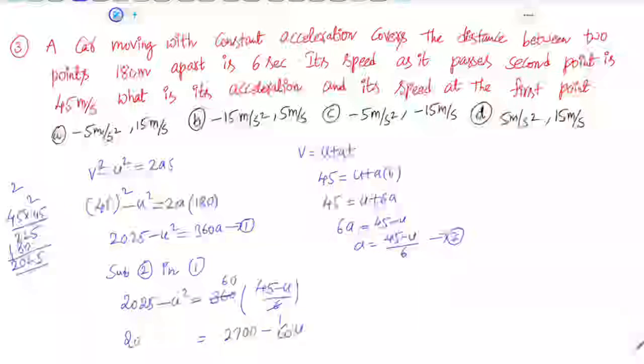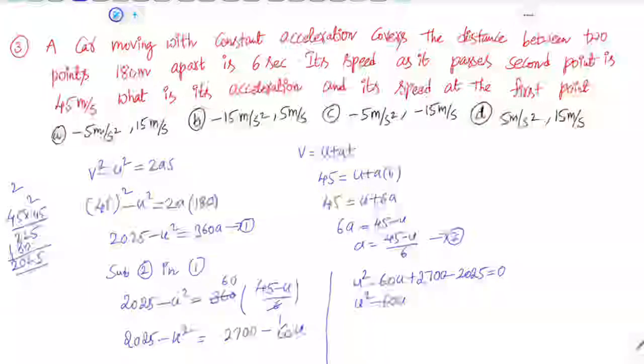It is 2025 minus u square. Converting this into a quadratic equation, you will have u square minus 60u plus 2700 minus 2025 equal to 0. Therefore, u square minus 60u, 2700 minus 2025 is 675, plus 675 equal to 0.